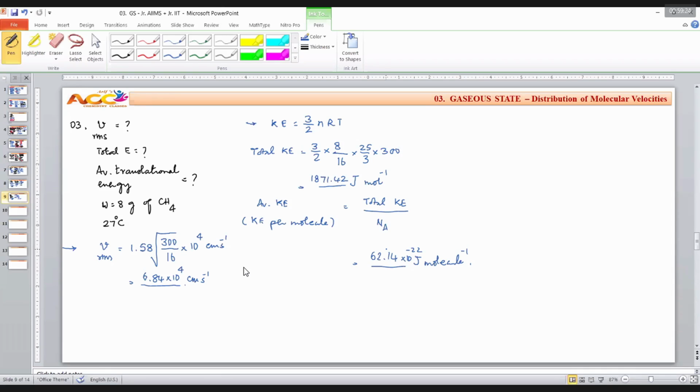If 8 grams are given or some molecules are given, then we say average means per molecule. Otherwise, remember total translational energy, average translational energy, average kinetic energy, all are one and the same, because we have said in our classes that it is not possible to find out the absolute kinetic energy. Okay. Hope the doubt is clear.